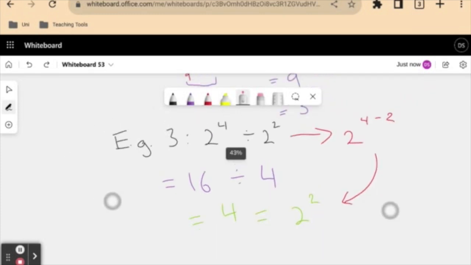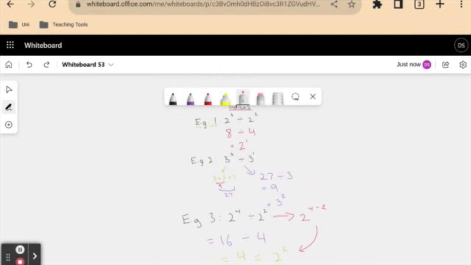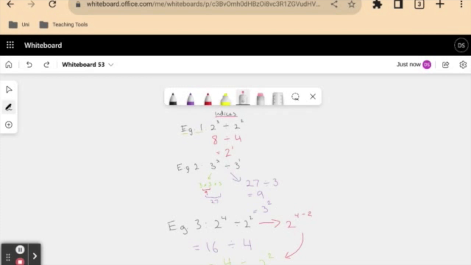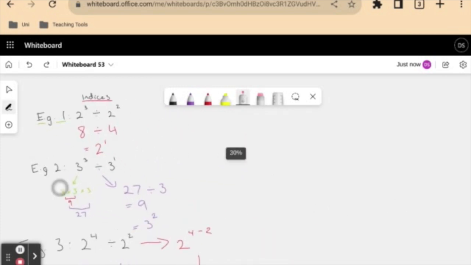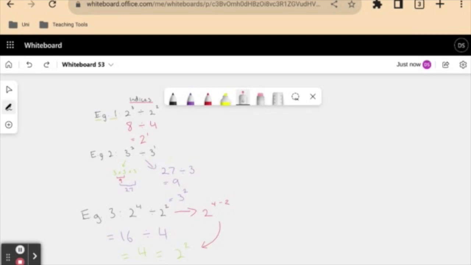Hopefully you can all see the pattern here. But if it's not immediately obvious, I'm going to come up with a general formula here.